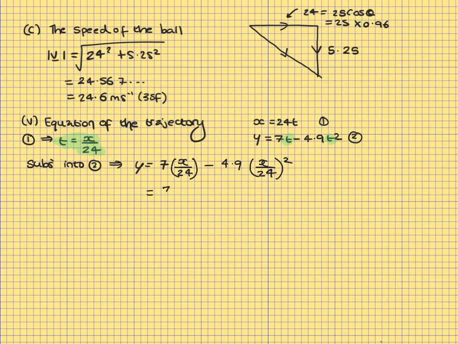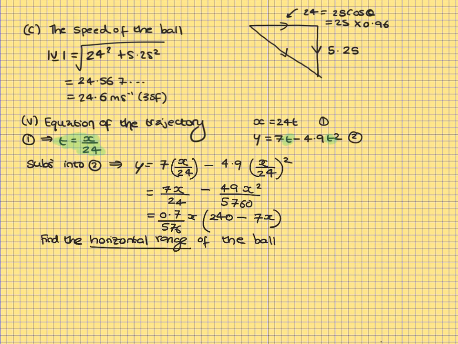This comes to 7x over 24, subtract 49x squared over 5,760. So all we then have to do is factorise out 0.7 over 576x, and we are left with 240 take away 7x, which is the answer given in the question.